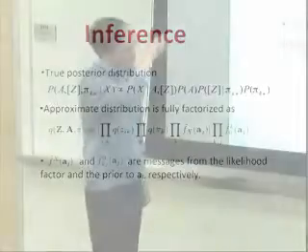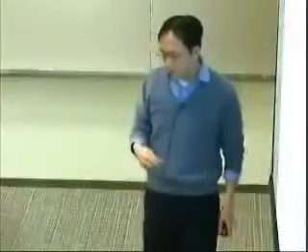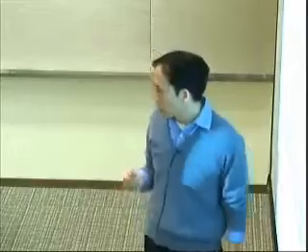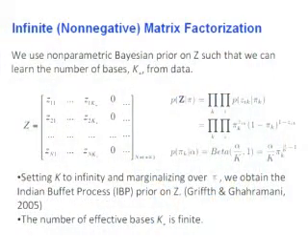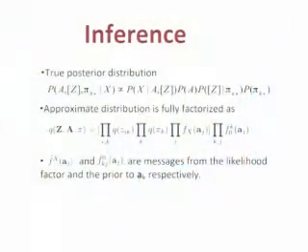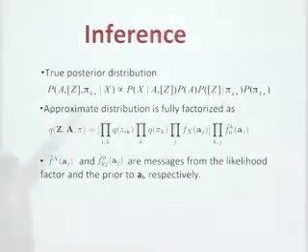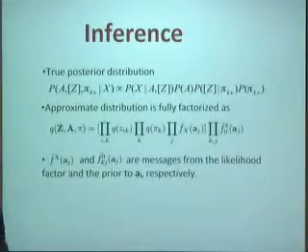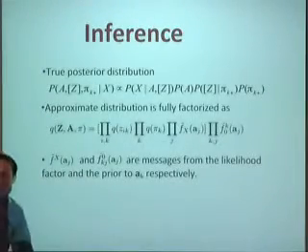Now the task is inference. The task is to compute the posterior distribution of the model. But since Z has an infinite number of columns, if you directly compute the posterior distribution over Z, you have a huge model, first of all.